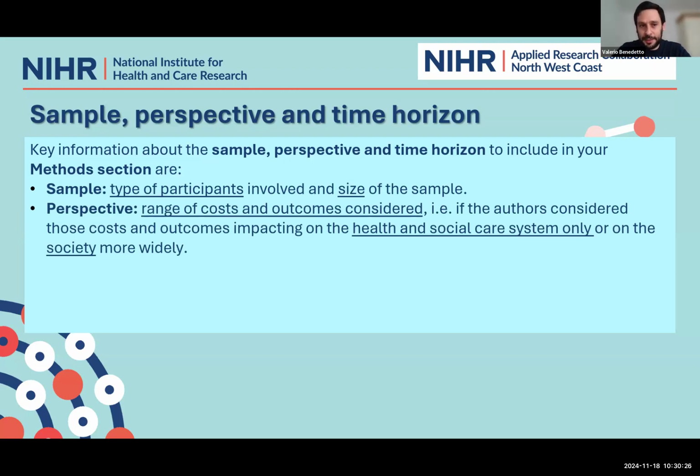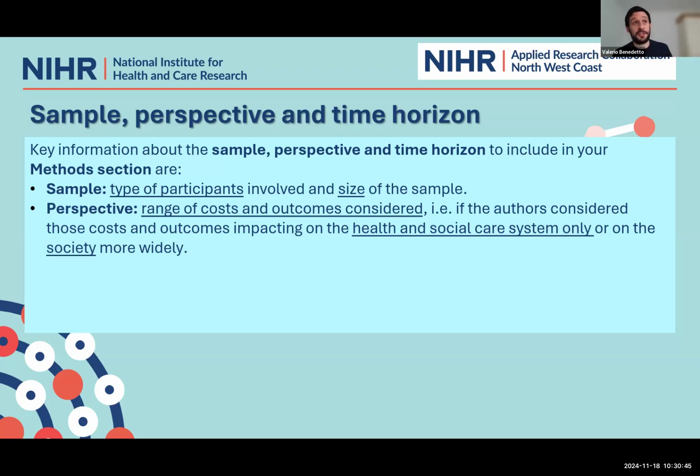The perspective, this is very related to an economic evaluation, and it covers the range of costs and outcomes considered. So it could be that the authors consider the costs and outcomes impacting on the health and social care system only, or on the society more widely.